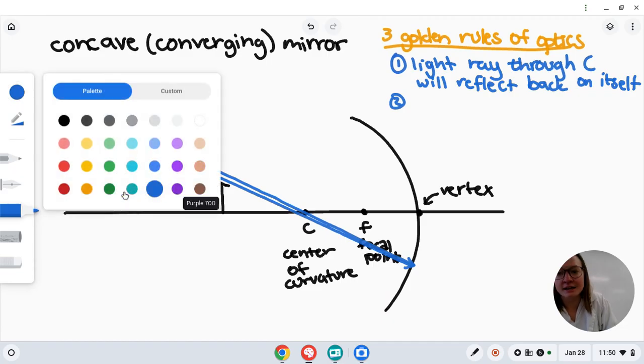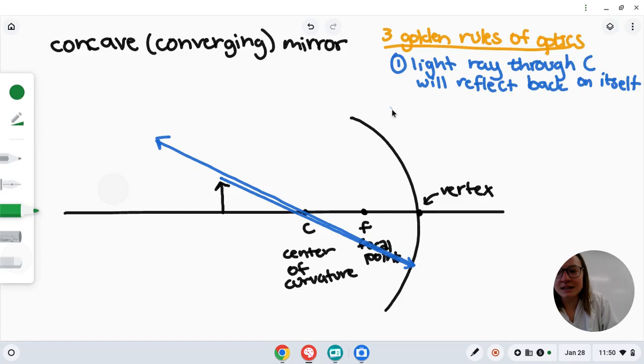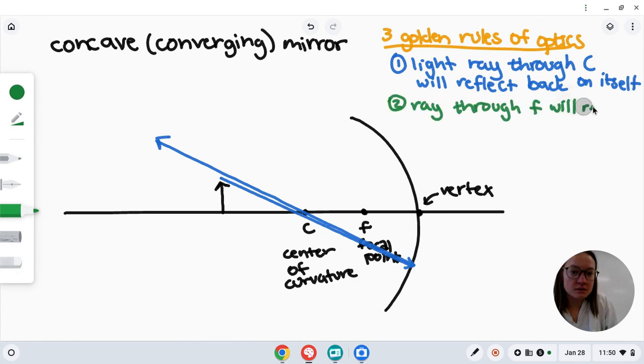The second rule is that a light ray that passes through the focal point, a light ray through F, will reflect parallel to the optical axis.